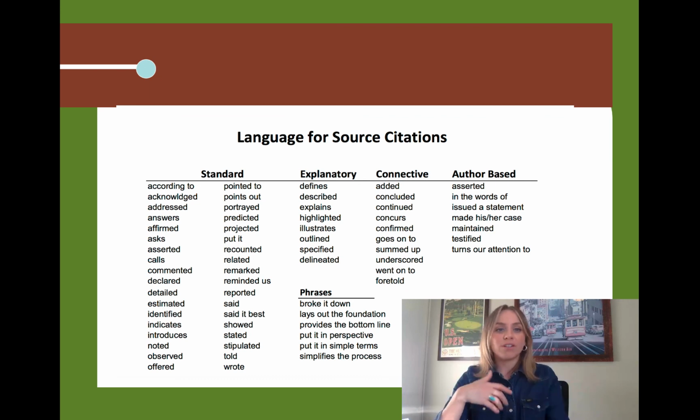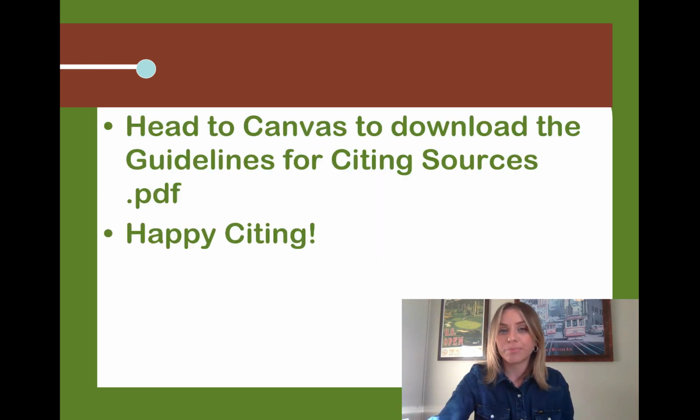So these are some standard examples: according to, acknowledged, addressed. Maybe you are wanting to highlight the author because the author is really credible, so some author-based examples could be so-and-so asserted, or in the words of famous poet, Edgar Allan Poe or something like that. And so you can sort of use these to help add a little variety to your verbal citations.